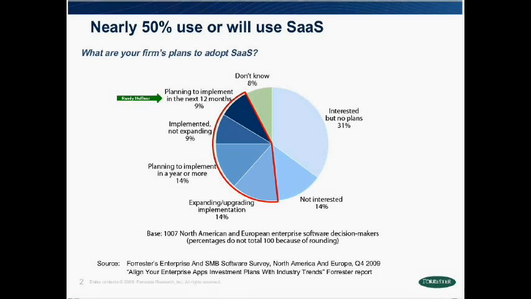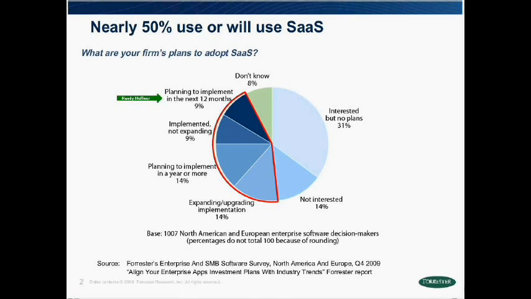So the bottom line here is that nearly half of the folks in the Forrester survey say that they are using SaaS now, or they are at the point where they know they will be using SaaS in the future. So great, lots of activity on SaaS, even though we're just beginning in the adoption phase, and a whole lot more interest to come as people look at it.